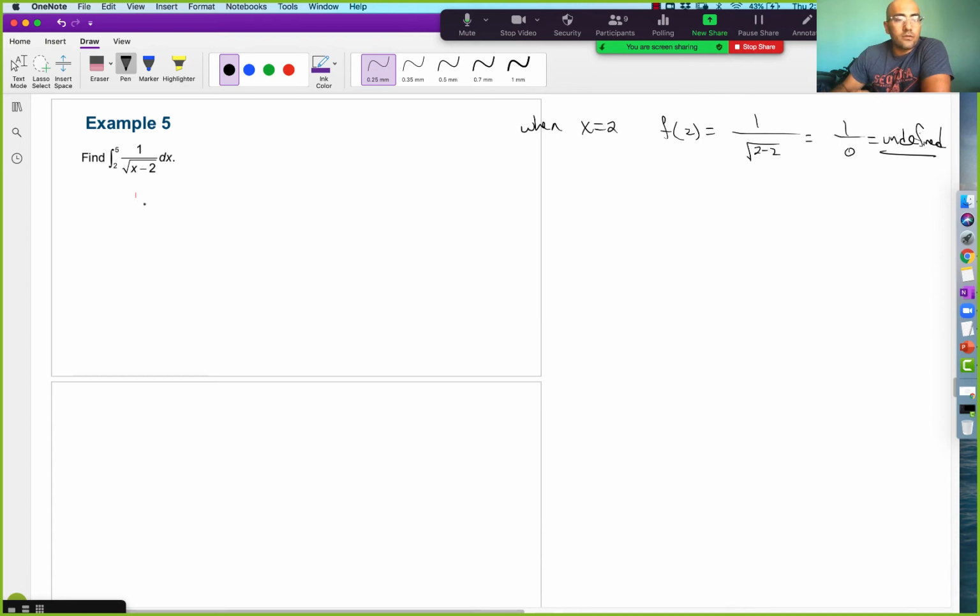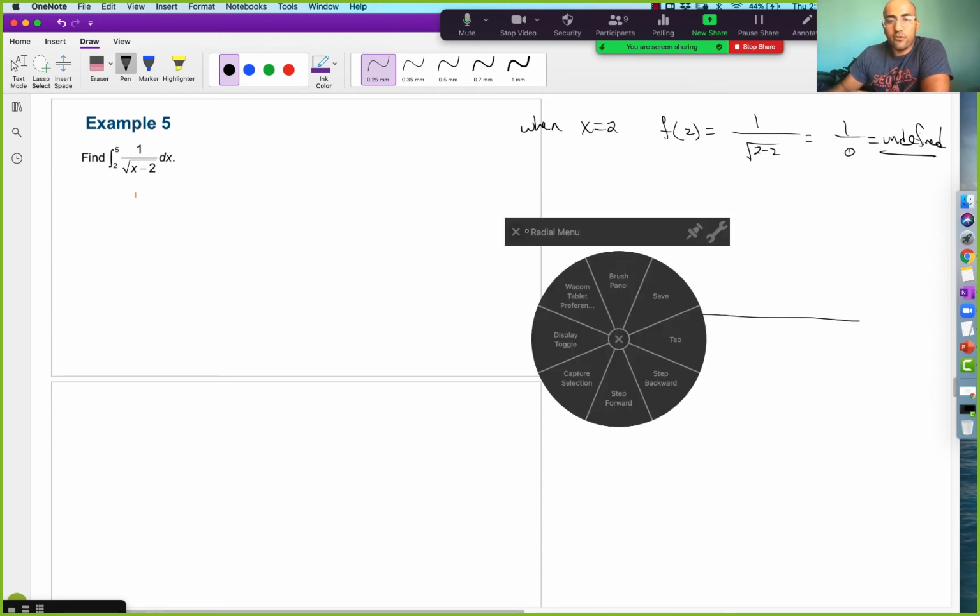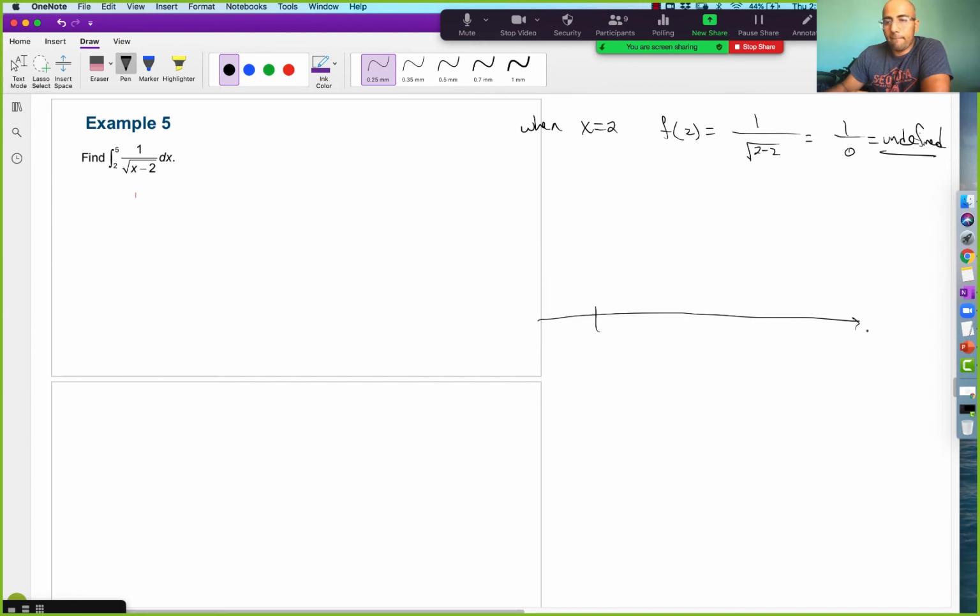Good. Okay, so what we have to do is replace the 2 with a constant, right? Looking at the domain, forget for a second what the graph of this function looks like. We have our x-value domain. X goes this way, and we're trying to integrate from here's 0, and here's 1, 2, 3, 4, 5.